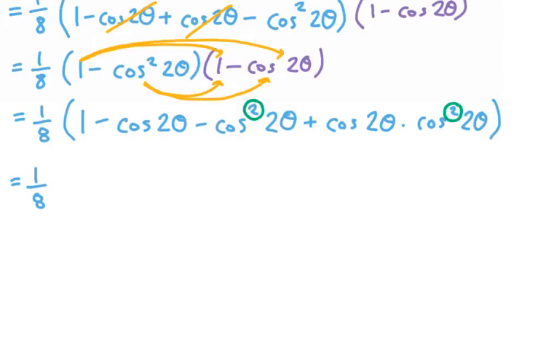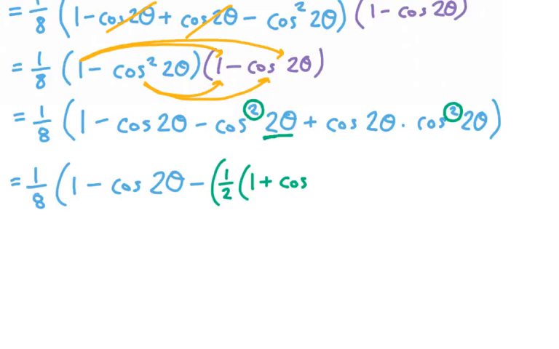Alright, so here we go. I'll carry down the 1 minus cosine 2 theta. There's nothing that needs to be done on those terms. But when we hit this cosine squared of 2 theta, I'm going to apply the reduction formula again to get 1/2 the quantity 1 plus cosine of twice the angle, where the angle is already 2 theta. So the new angle becomes 4 theta.